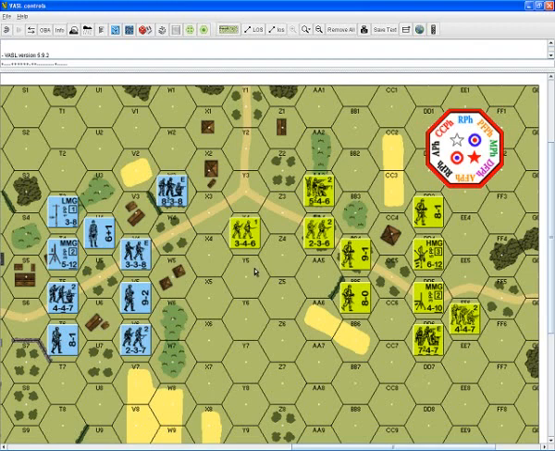And the thing about ASL, like I mentioned earlier, is for you to not only understand what you can do during the different phases, but how do you use those phases to work together to get your units to do the best things they can, not only during your turn, but also how do you set up for your opponent's turn.